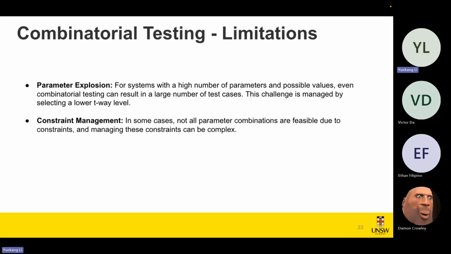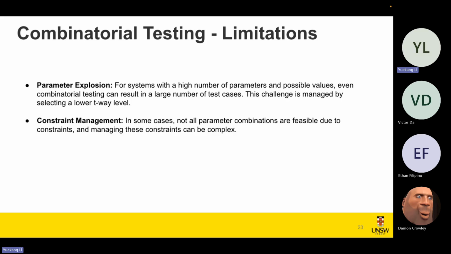And we may also have the problem of constraints. In some cases, not all the combinations of different input values are meaningful. For example, let's assume that we have two input fields, month and date. For February, if we put the date to be 30, then this is not a valid combination, right?